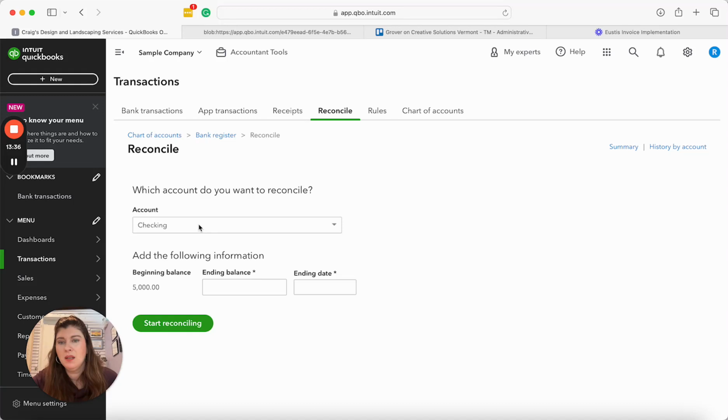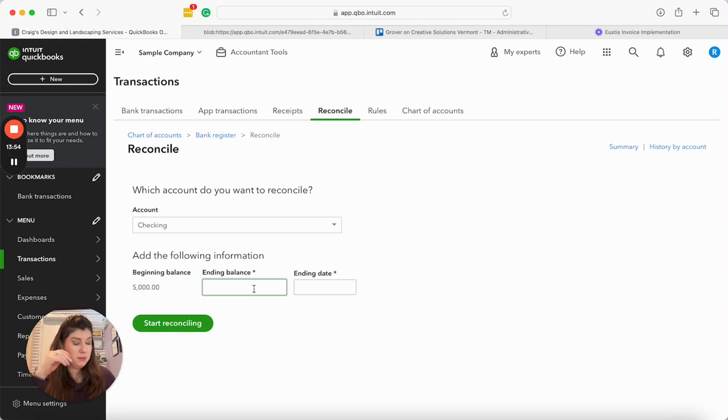Okay. Checking account, it has a beginning balance. In this case, it's never been reconciled, but it's got a beginning balance of $5,000, and then you're looking at your bank statement. So let's pretend that we didn't reconcile properly at all for 2023.